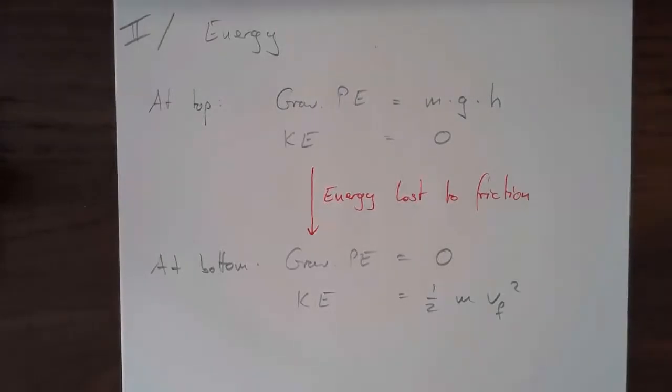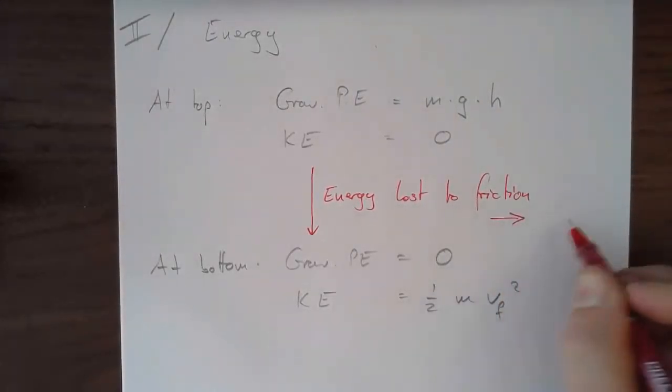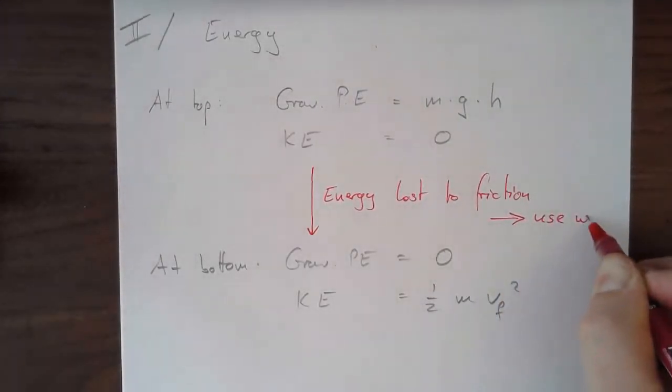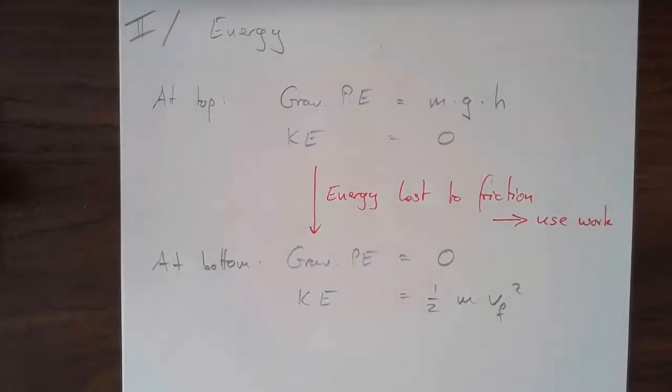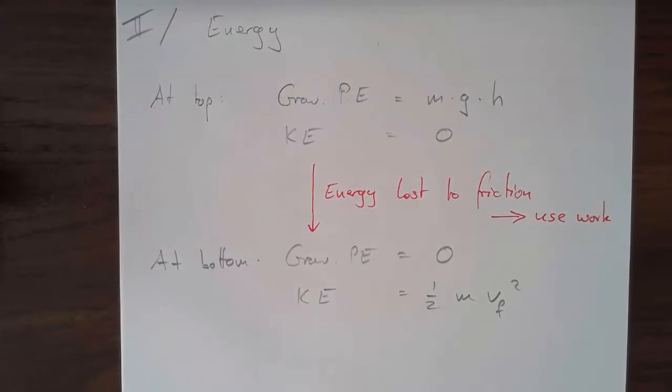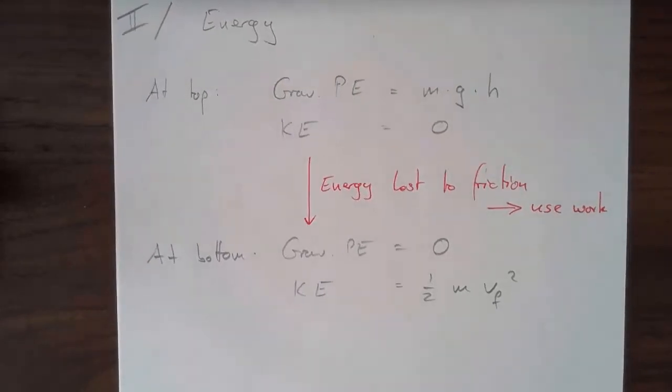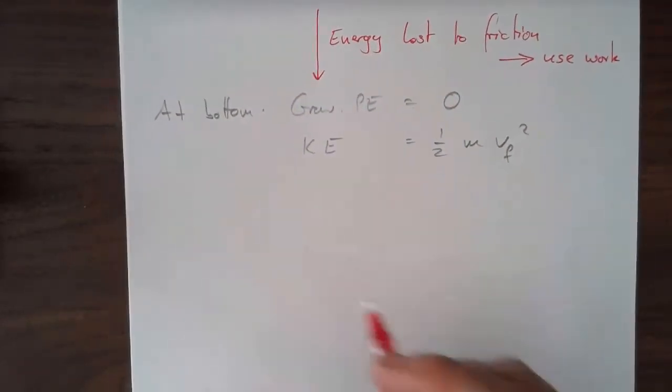How do I find this? I'm going to use work, because friction is a non-conservative force, so I can't use a friction potential energy, right? It's not a thing. Well, let's figure out the work done by friction.